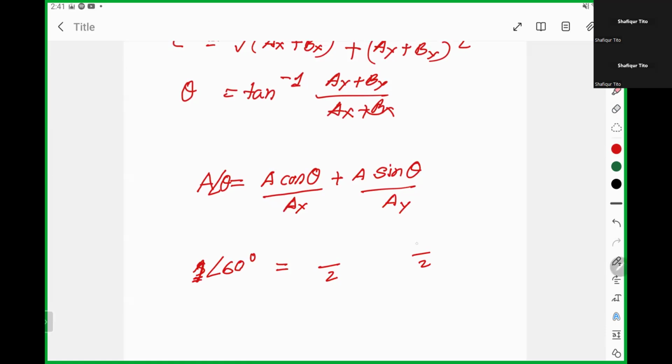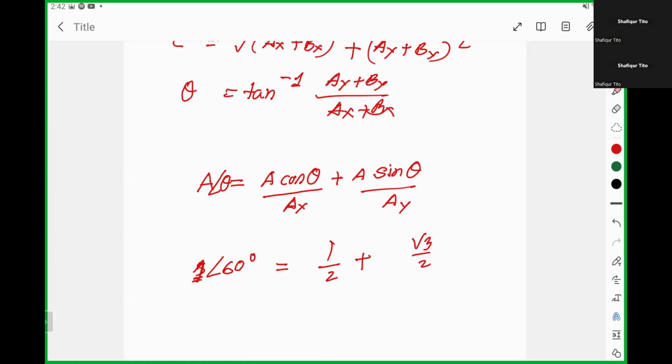And cos 60 will be half. Okay? So if I find the two fractions for A equal to 1 at 60 degrees, then I will find half and root 3 by 2. Now if I write this way, this is equal to this one, do you understand?